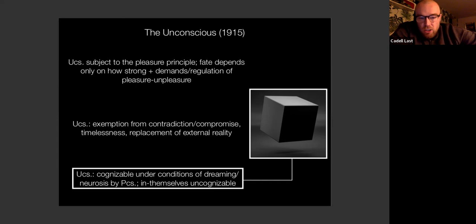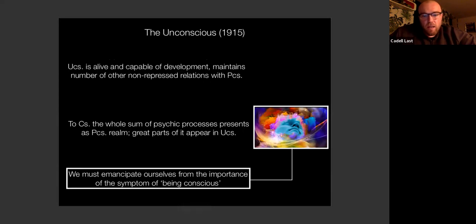So the unconscious in itself is cognizable in conditions of dreaming and neurosis by the preconscious, but again, is noumenal in itself. In themselves, uncognizable. I think there's a few slides left. It says the unconscious is alive and capable of development. He maintains that there are a number of other non-repressed relations with the preconscious.